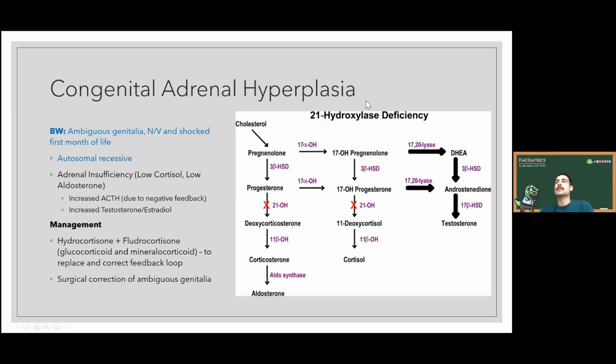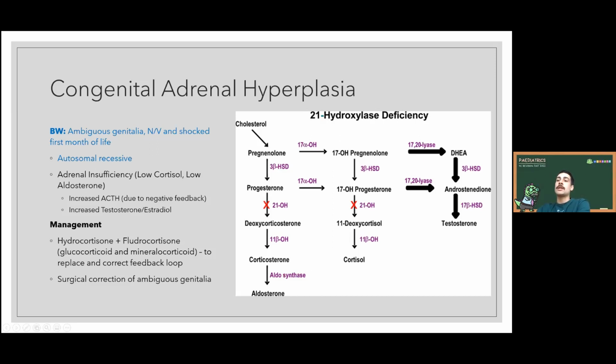If you look at this image, you've probably seen this a few times before, but essentially if you have deficiency in 21 hydroxylase or 11 beta hydroxylase, you can't create aldosterone or cortisol. This pushes everything to the side and you create more androgens instead. That's why you get the ambiguous genitalia from the high testosterone.